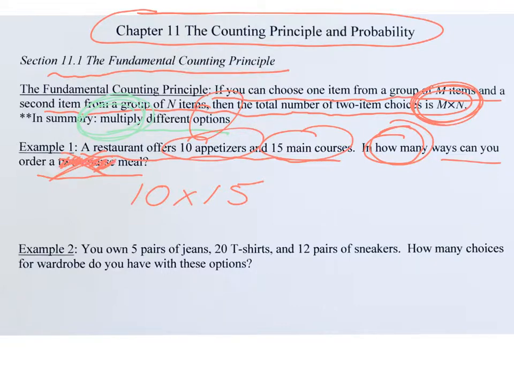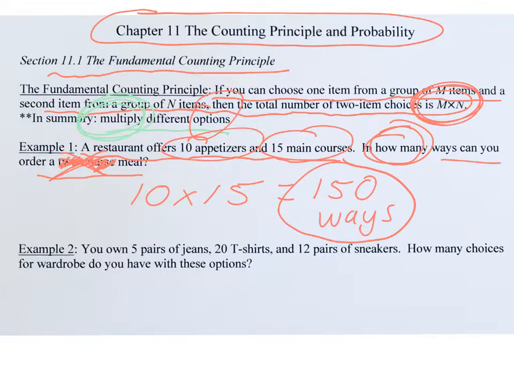In fact, I'll just scribble that out. So 10 appetizers times 15 main courses to choose from gives us a final answer of 150. So there are 150 different ways that you could order that meal. So many different scenarios they could give you in the My Math Lab homework.